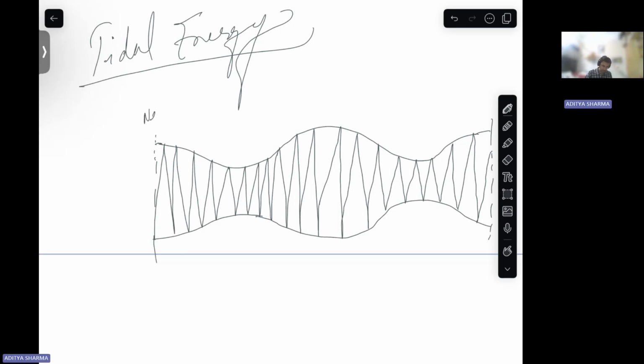So this is your new moon location. This is your full moon location. This is again your new moon location.